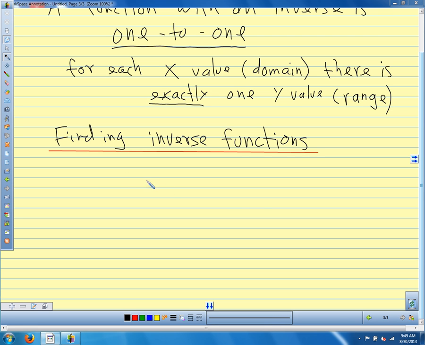I know that we've done this before. If we're given a function, we have a nice little procedure that we use to find the inverse. Does anybody remember it?